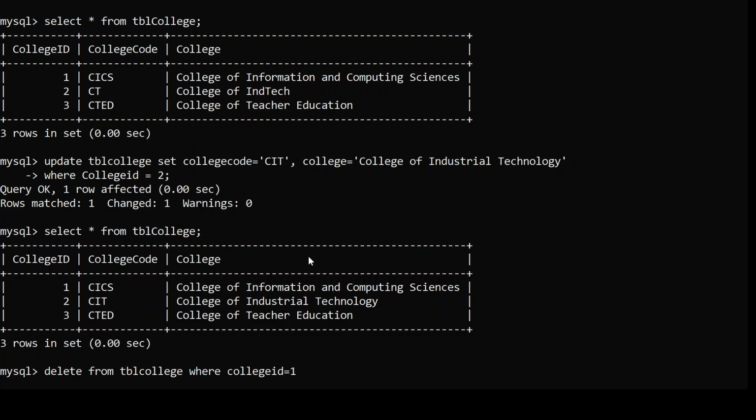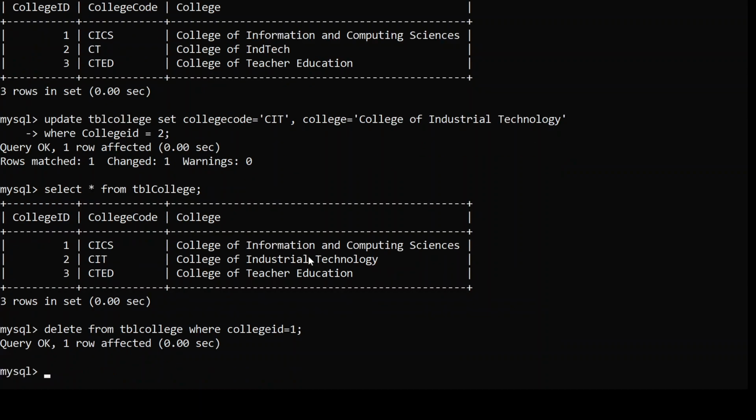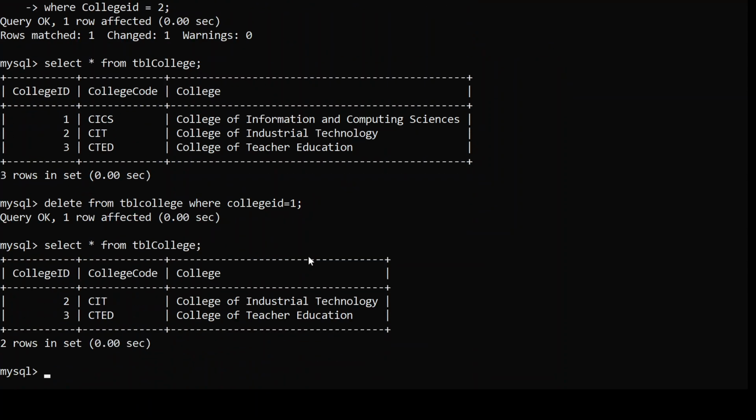I will delete 1. Delete from TBL college where college ID equals 1. Let's try to show our tables. No more CICS. Now, I will try to insert CICS again. So insert into TBL college.